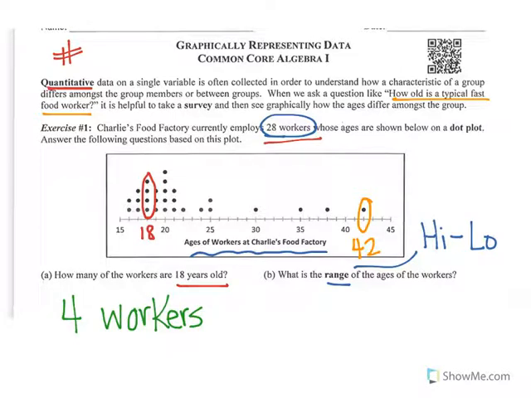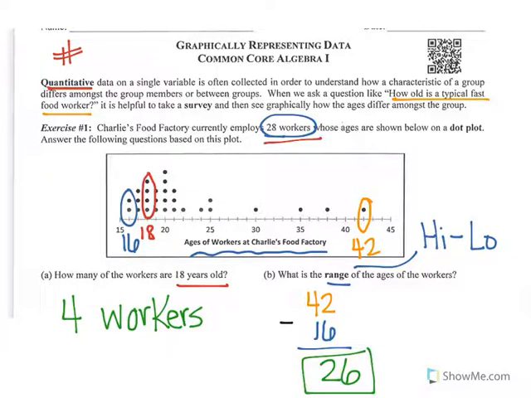And we are going to take 42 and we are going to subtract the age of the youngest person working at Charlie's Food Factory. And if we look, we have two 16-year-olds. So 16 would be the smallest number in our list, and when we subtract, we should get an answer of 26 is going to be the range of the ages of the workers.